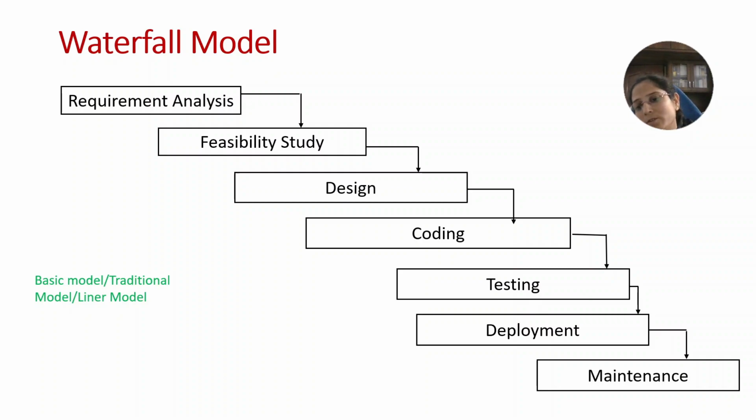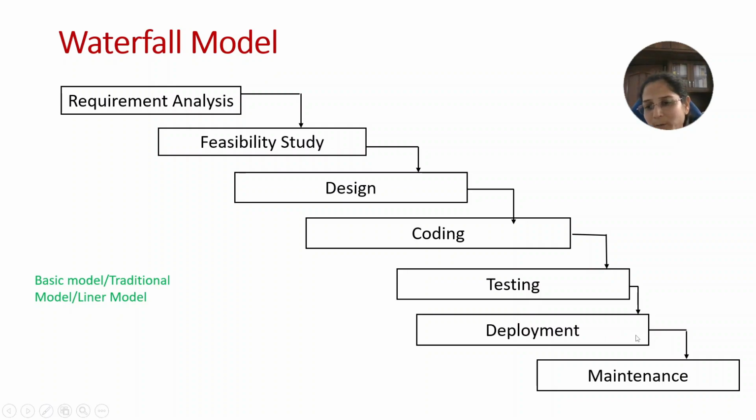And once the application is bug free and working as expected, then after giving a QA sign off, it will go for the deployment phase, where the build or the project will be deployed into the production server.